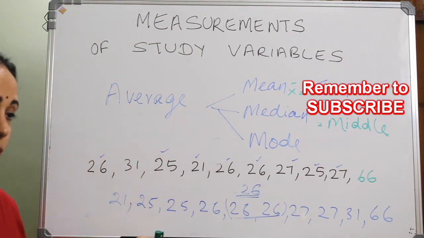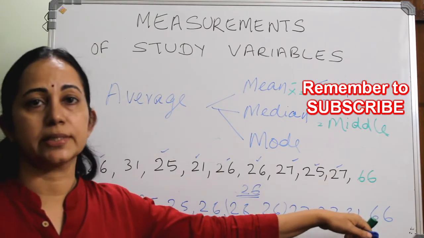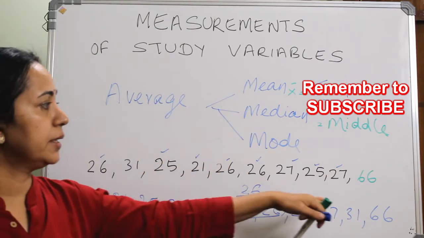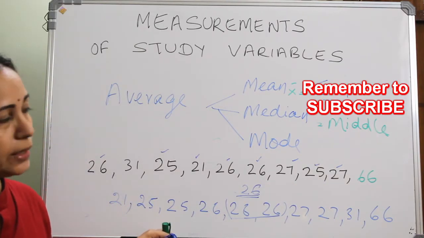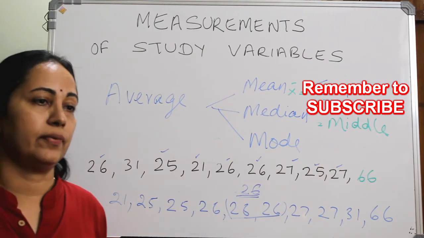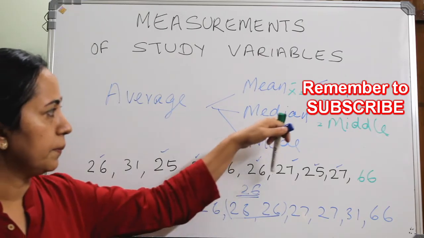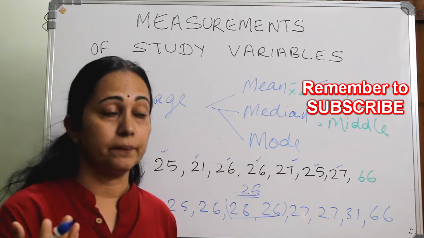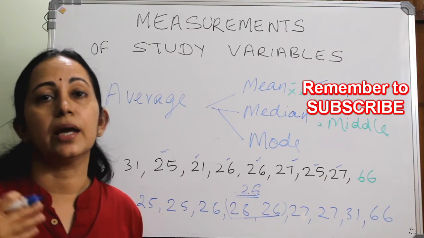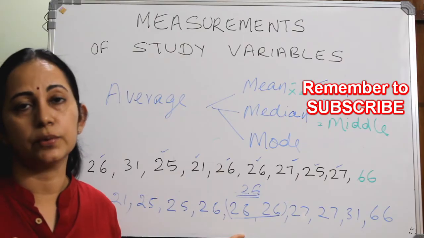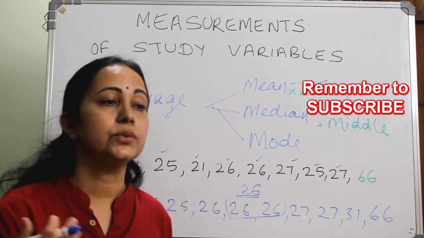So the advantage of this is that it is not affected by extreme values. The mean was affected by 66, which is an extreme value, but a median or the middle number is not affected by extreme values. So median is a middle value. In odd numbers you will get the exact middle value, and in even numbers like this you have to take the average of the middle two values.